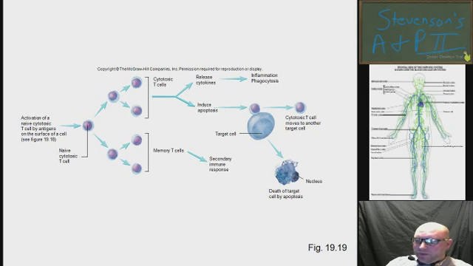Apoptosis is where the cell just completely dies. And then that cytotoxic T cell would then move to another target cell. Alternatively, the naive cytotoxic T cells could become memory T cells, and these memory T cells can form the secondary immune response.